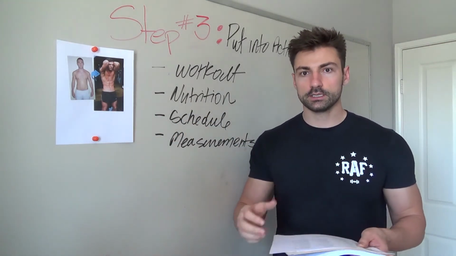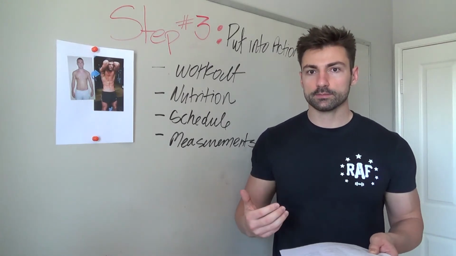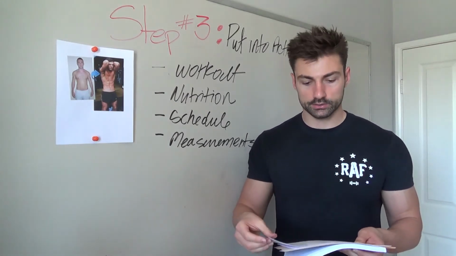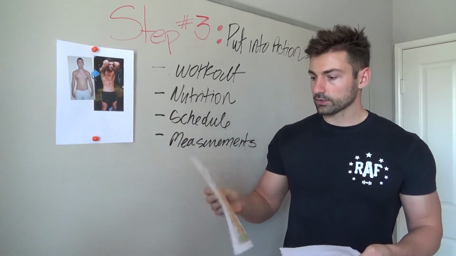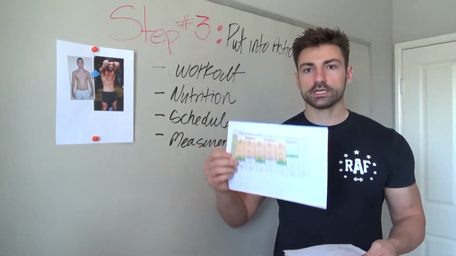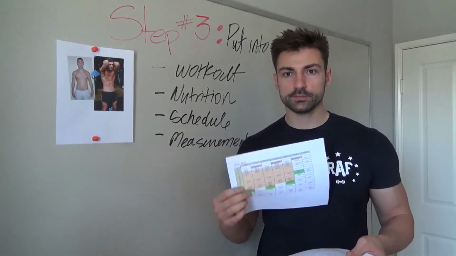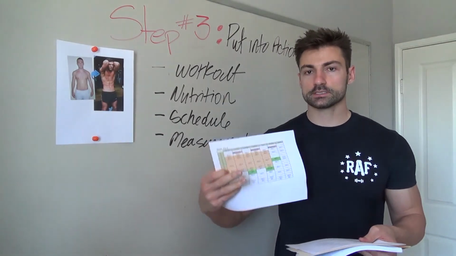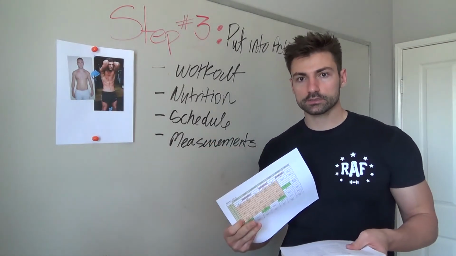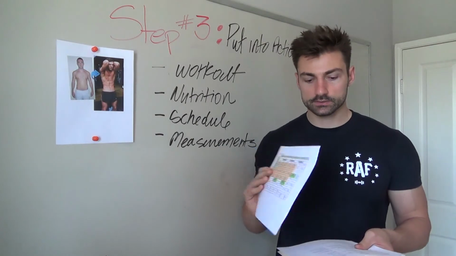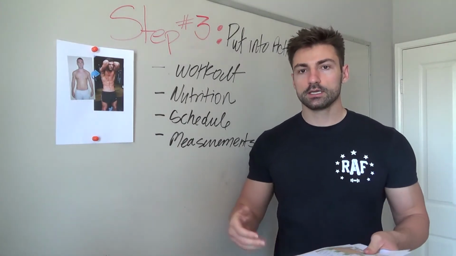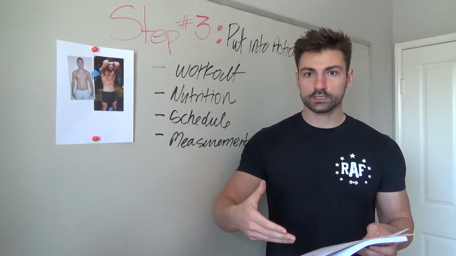But some clients come in with a lot higher body fat percentage, so it might take them a little bit longer, okay? Also, Eric received a comprehensive schedule on exactly what he should be doing on a day-to-day basis from the second he wakes up to the second he goes to sleep to maximize his fitness goals, okay? So he knows what to do outside of the gym, not just working out in the gym, okay?